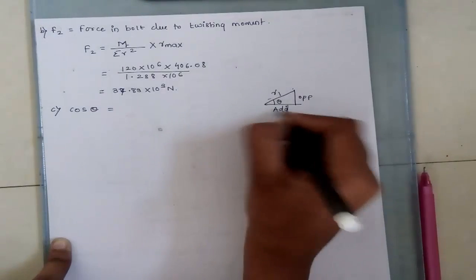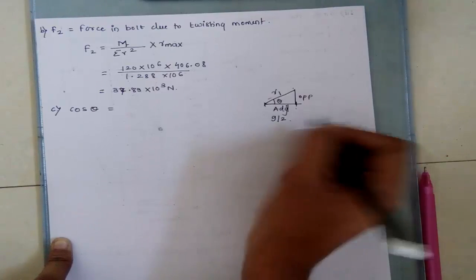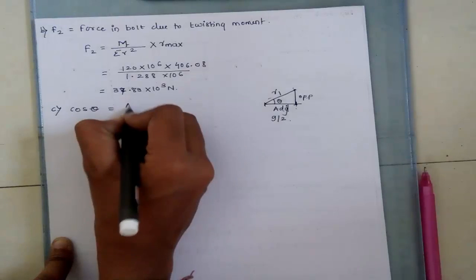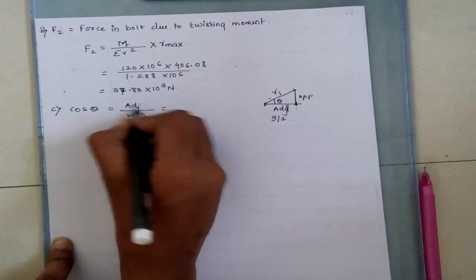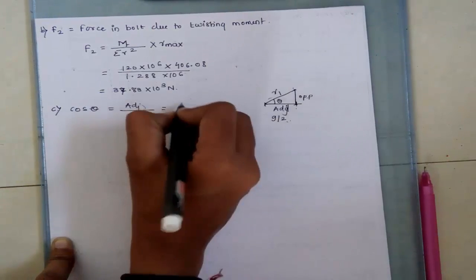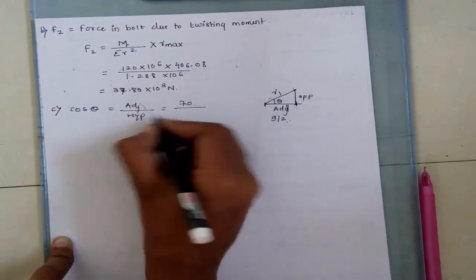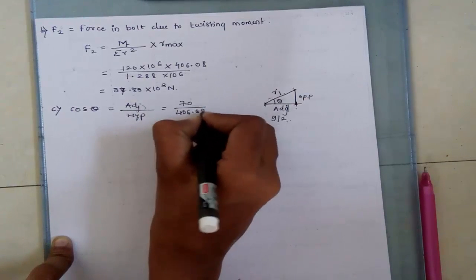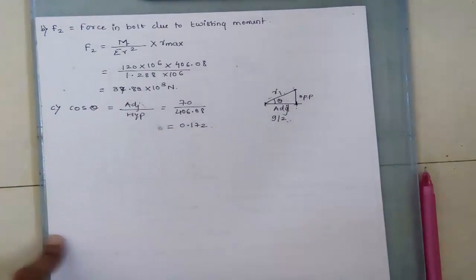Cos theta equals adjacent side upon hypotenuse. The adjacent side is gauge by 2, that is 140 by 2 equals 70, and the hypotenuse is R1, 406.08. After the calculation, we get 0.172.